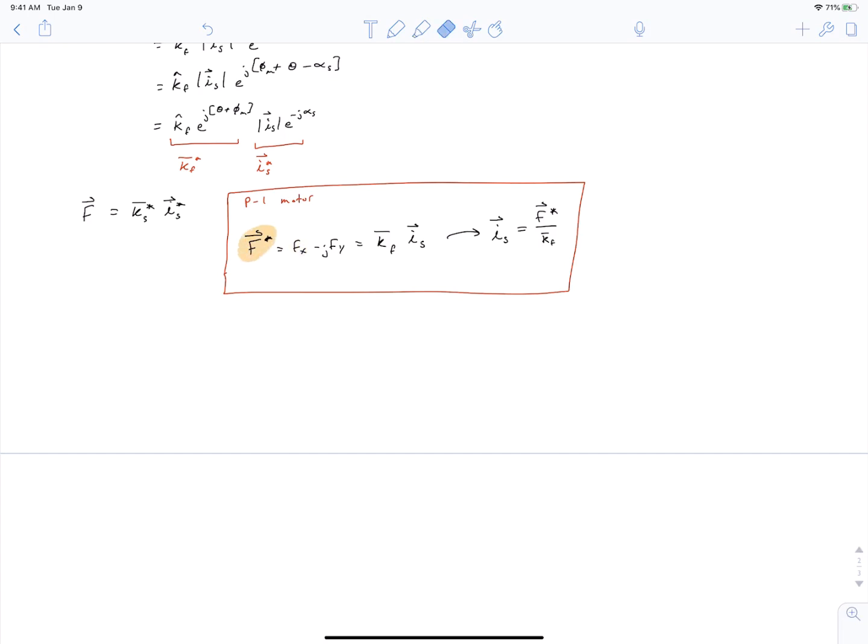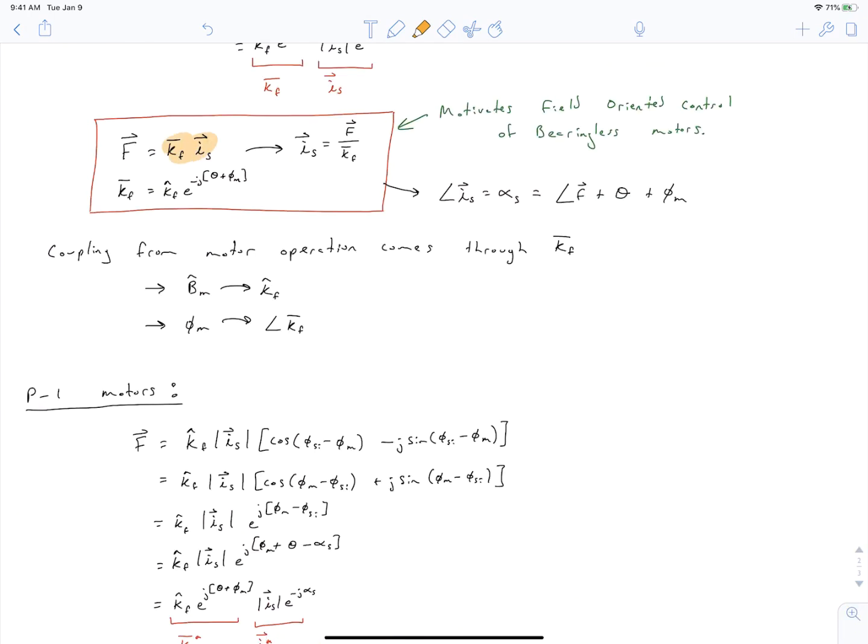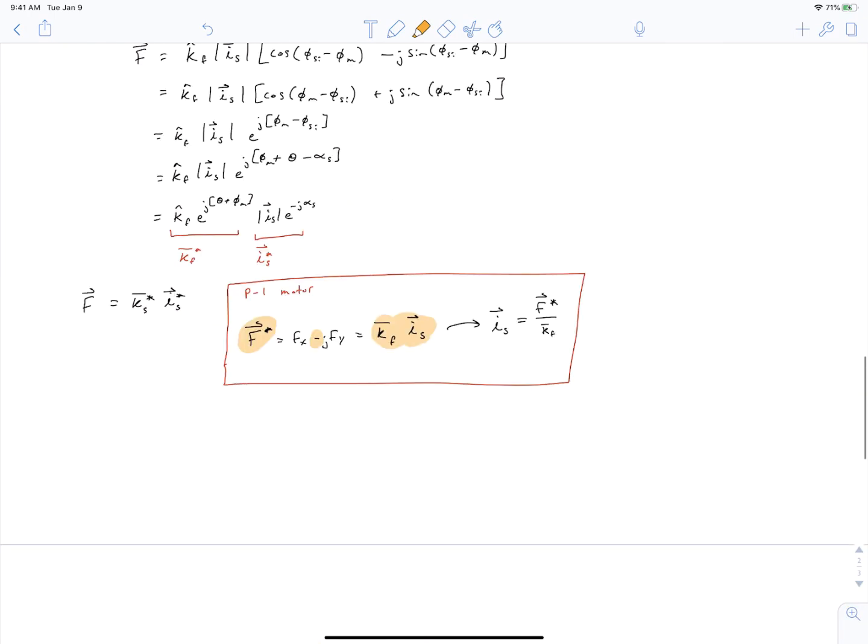That is, if we write F as being Fx minus jFy, then we can express the right-hand side as the same as we previously had. That is, Kf bar times the current space vector is. And the reason that we would prefer to do it this way is so that we can solve for is in a more conducive manner.